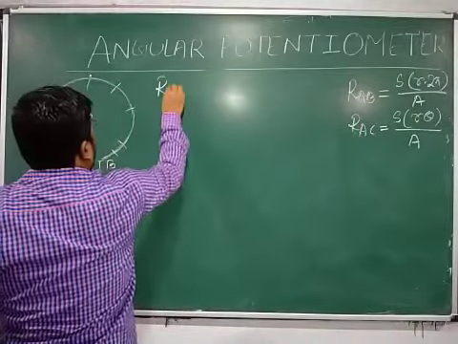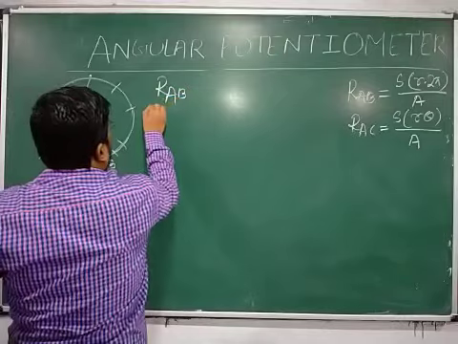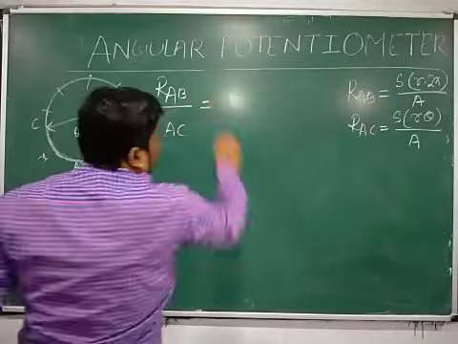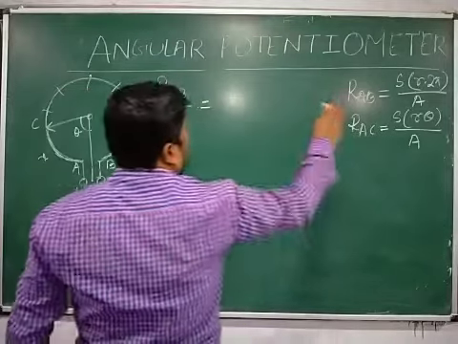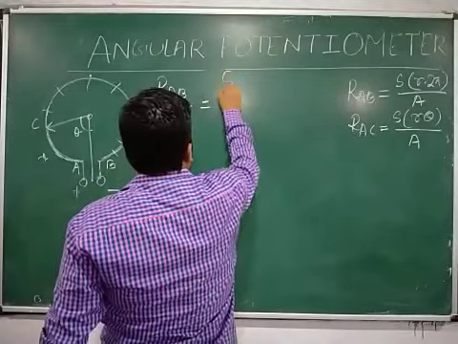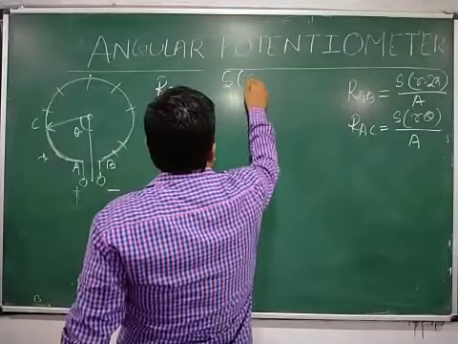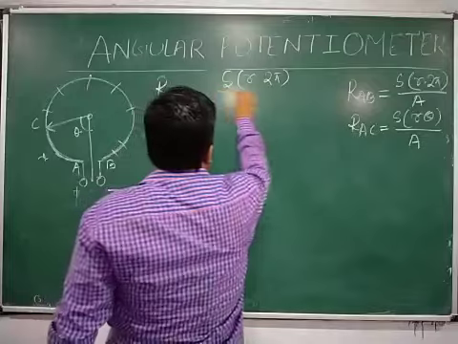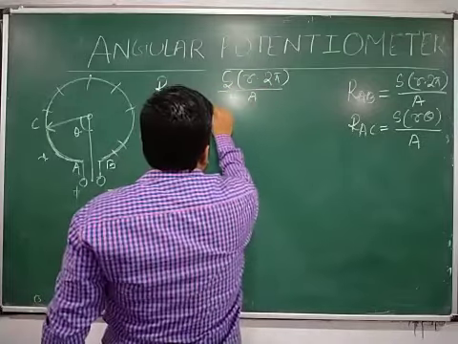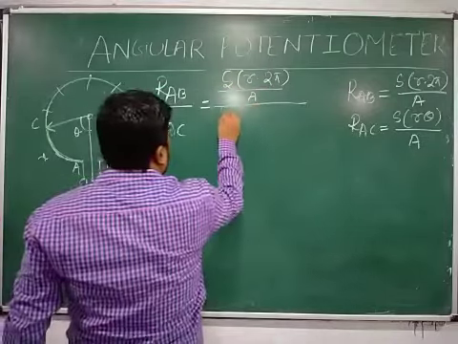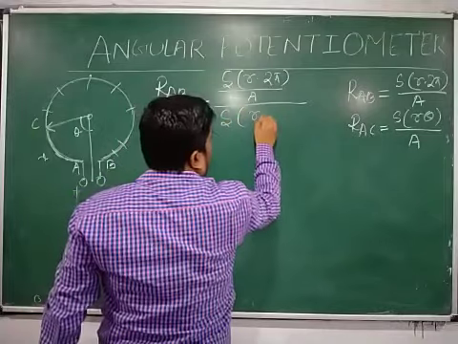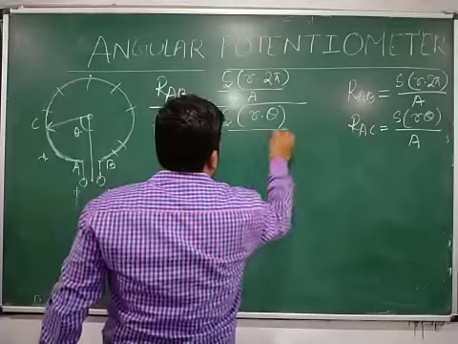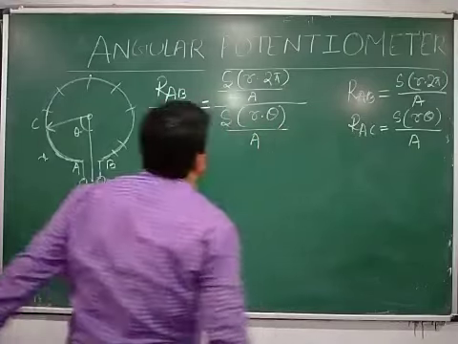So RAB divided by RAC will be S into R into 2 pi divided by A, whole divided by S into R into theta divided by A.